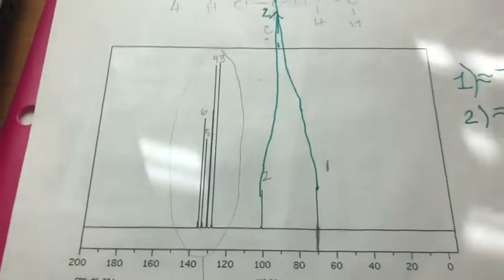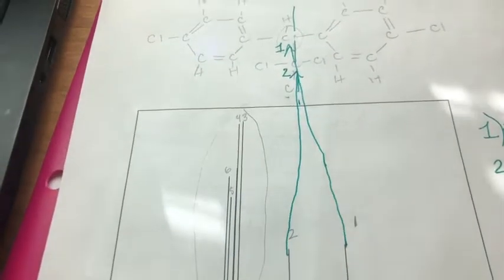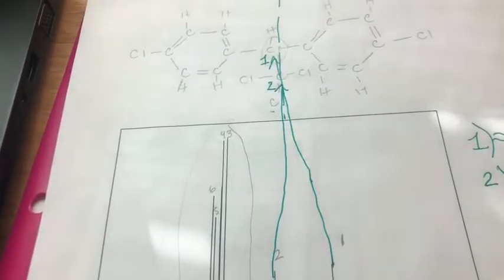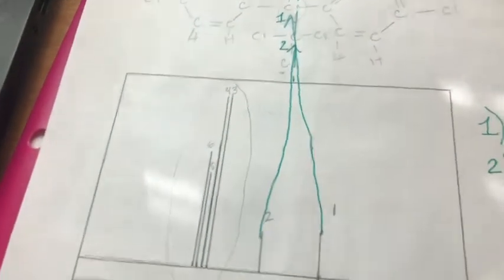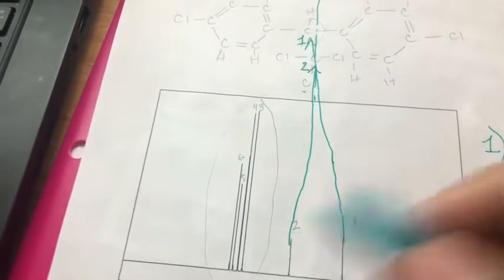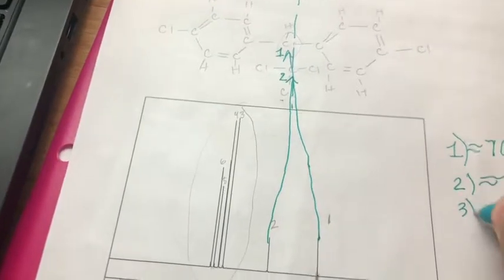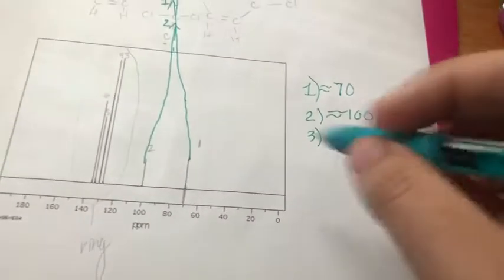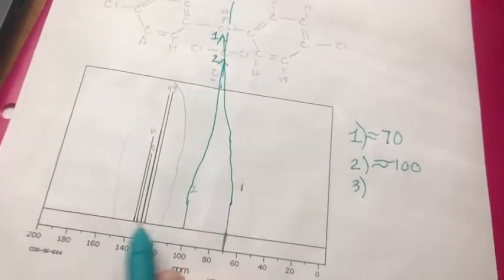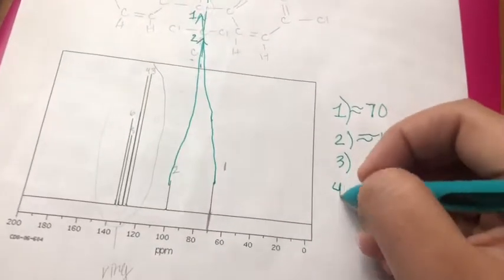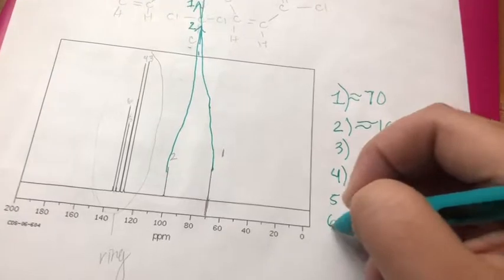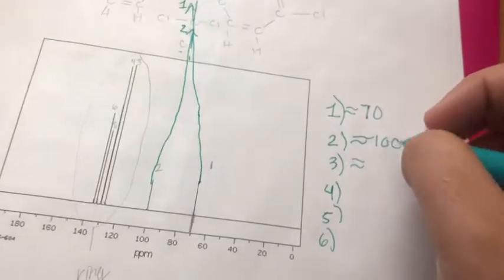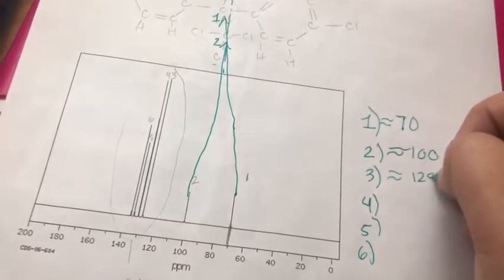Now we have the carbons in the ring. And this one is at about 128. So let's write our numbers right here with the corresponding location. 4, 5, and 6. So this one's at about 128.